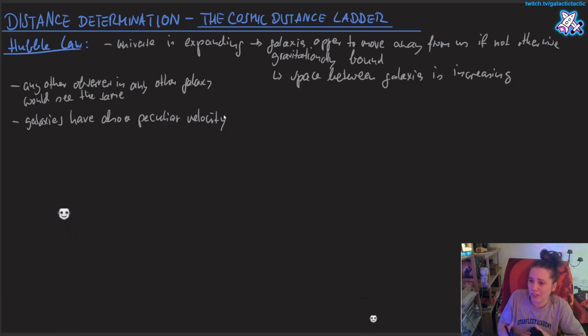It's because they're gravitationally bound to other objects, right? So they also move away from us maybe for other reasons, or they even move towards us for a short time for other reasons. Let's say they have also a peculiar velocity due to gravitational effects.